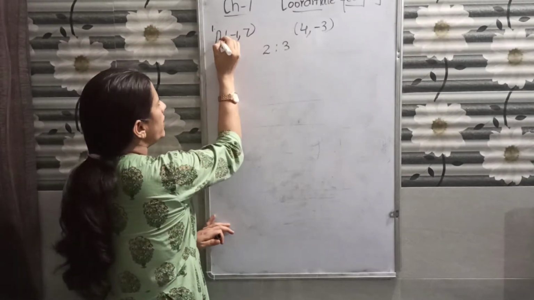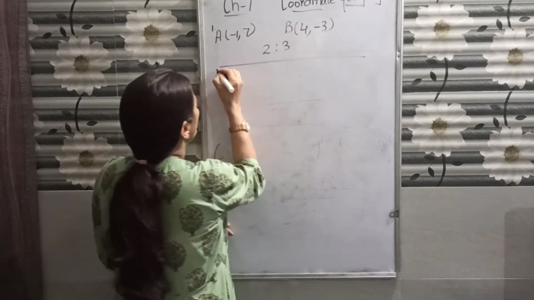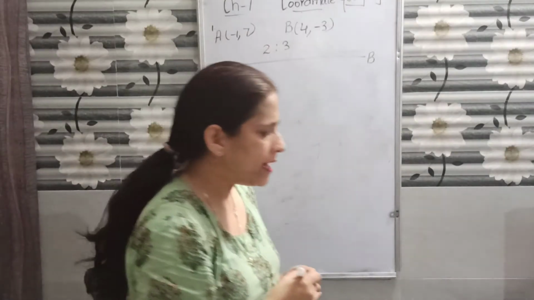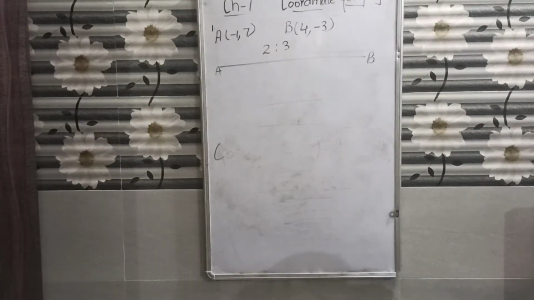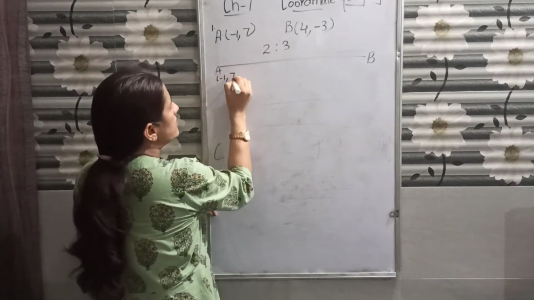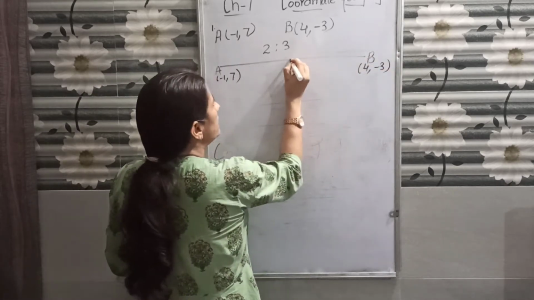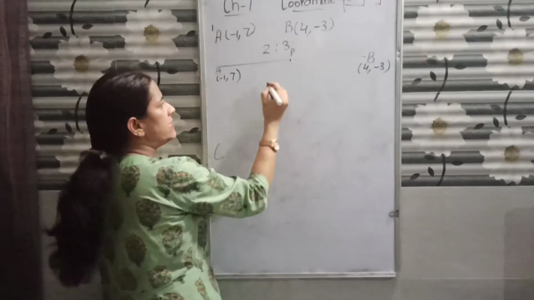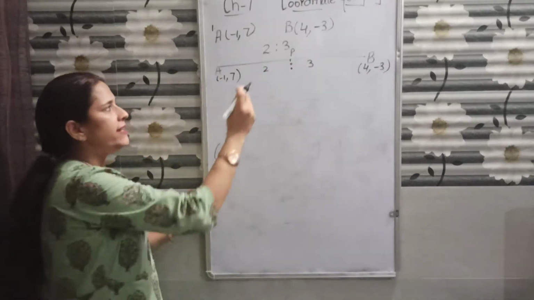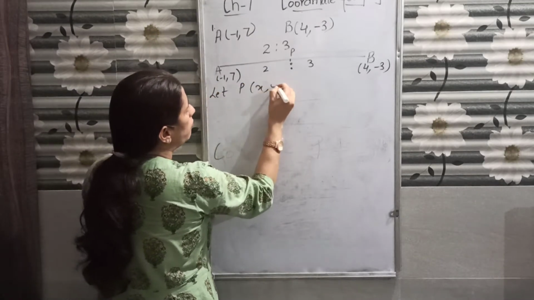So this is your A and this is your B. Now you have to find, this is (-1, 7), this is (4, -3). Let there be any point P dividing in the ratio 2:3, and you have to find this point P. Let P be (x, y).